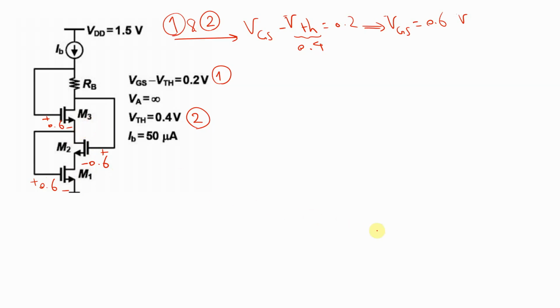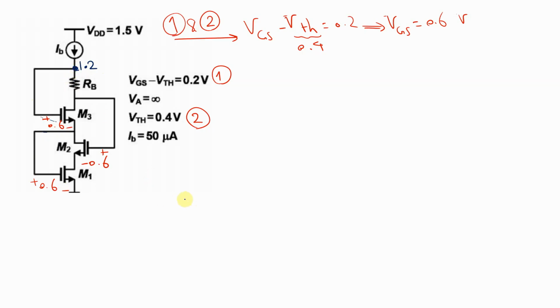And just to make life easier in my follow-up calculations, I can clarify the voltage of this node here. If you're using KVL, you can see that in this loop we have 0.6 plus 0.6. So here the voltage is 1.2 for this node here.